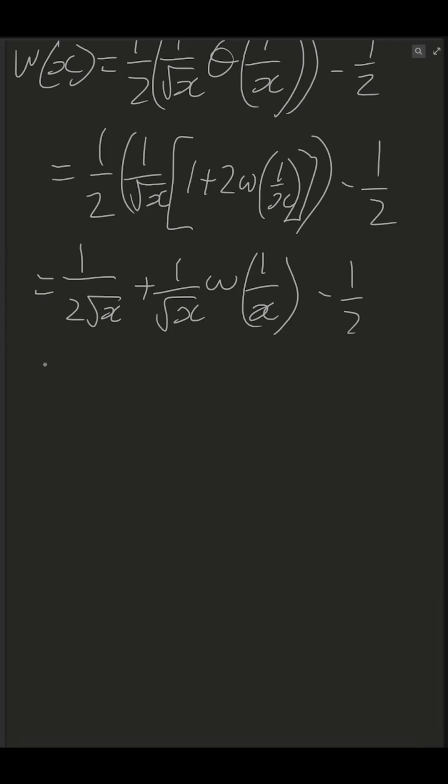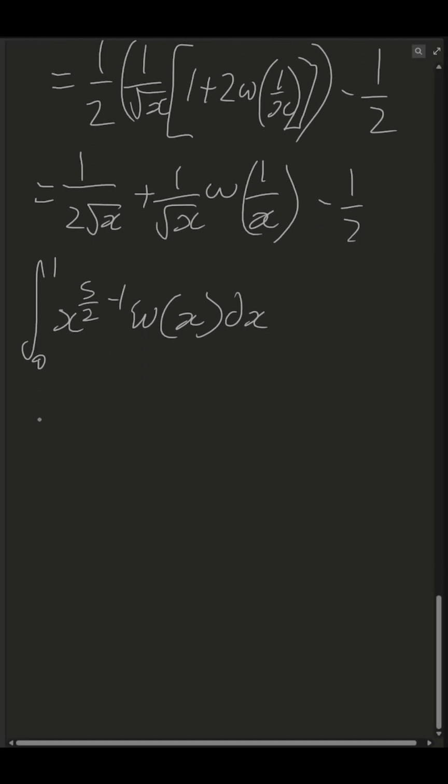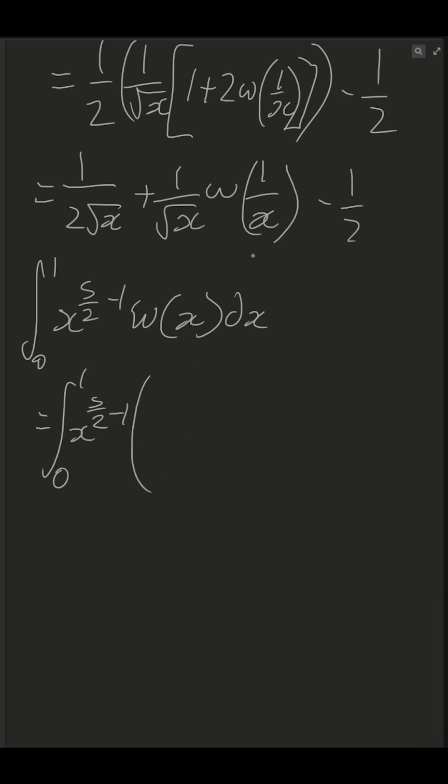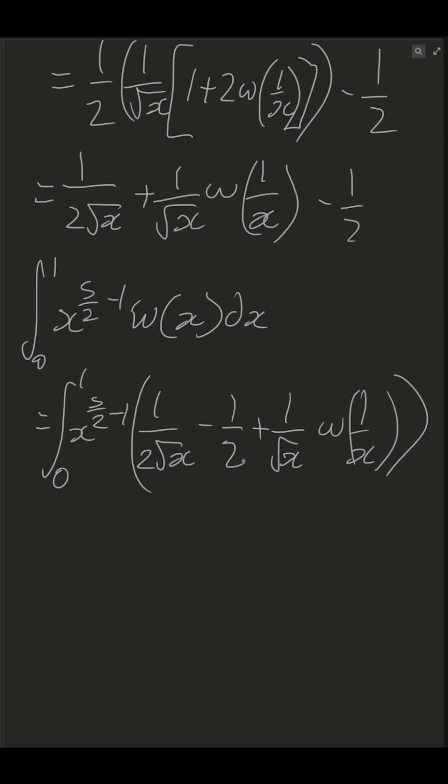So if we evaluate it from 0 to 1 first, that would be x to the s over 2 minus 1 w of x dx. And what is this equal to? This is equal to the integral from 0 to 1 of x to the s over 2 minus 1 of that big function up there. So 1 over 2 root x minus a half plus 1 over root x w of 1 over x dx.